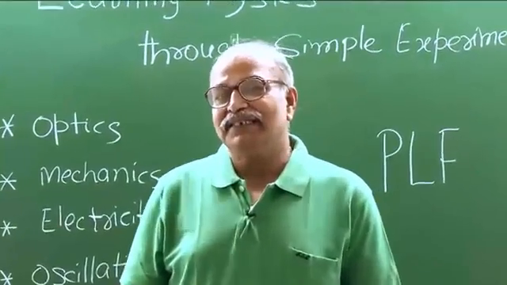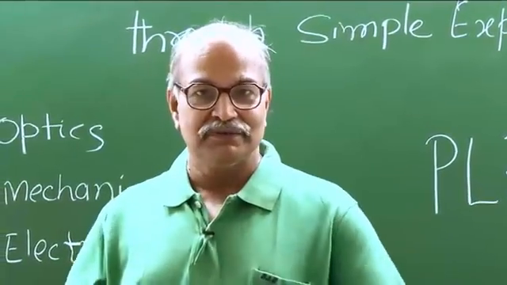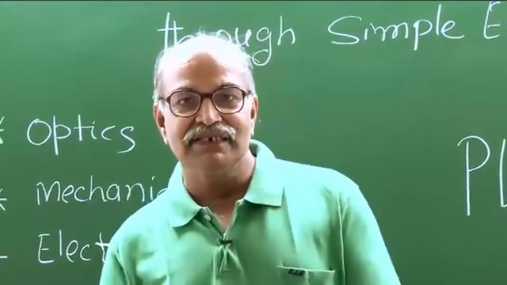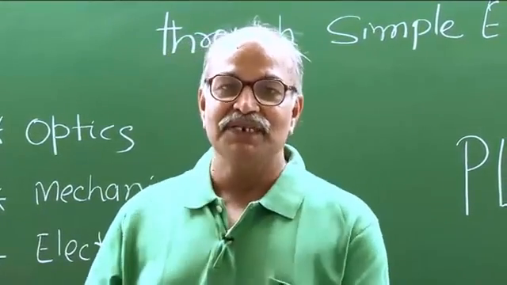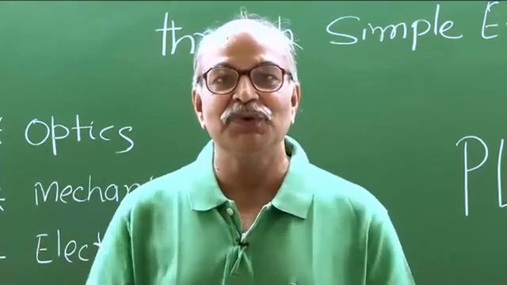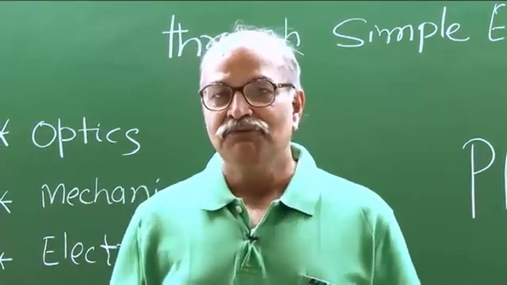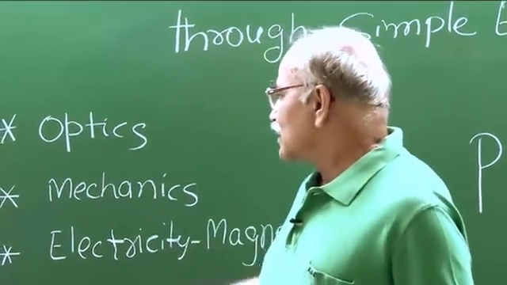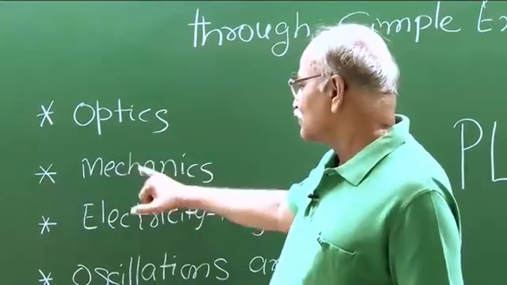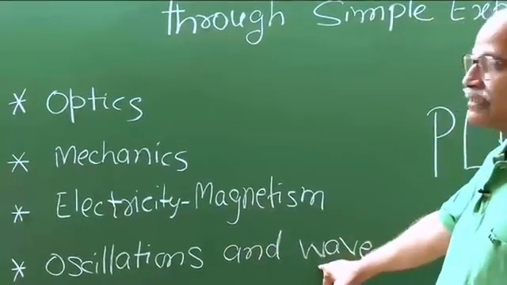I have divided this 8-week course into 4 broad modules, although in experiments you cannot really divide things. All these divisions into chapters are artificial. When you are doing something, many of the concepts go together in one experiment, but still broadly I have divided it into 4 parts: optics, which will be our first module, then mechanics, then electricity and magnetism, and then oscillations and waves.